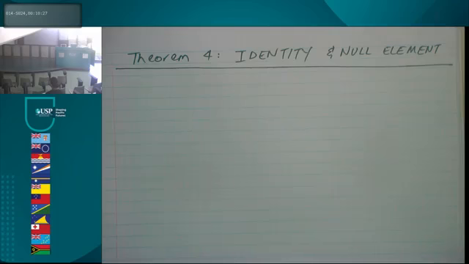In your primary school mathematics, anything times a 0 will always give you a 0, whether it's a million times 0 or 2 times 0. You'll always get 0. So 0 in terms of multiplication is a null element for multiplication. But for addition, there is no null element. But over here, we will have, right? So let's have a look.